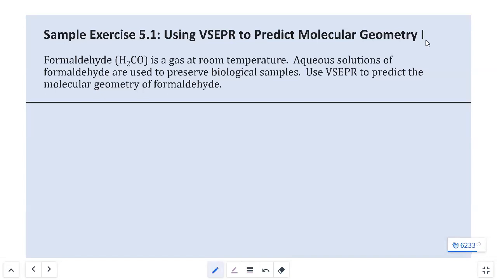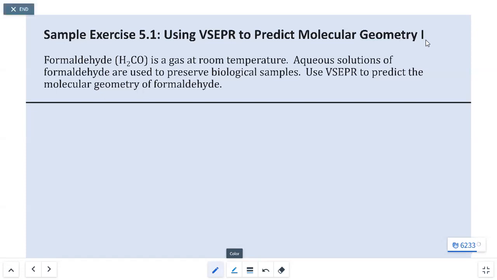All right, let's take a look at an example. Formaldehyde. Formaldehyde is H2CO. It's a gas at room temperature. We want to use VSEPR theory to predict its molecular geometry. So the first thing that we need to do is start with a Lewis structure.